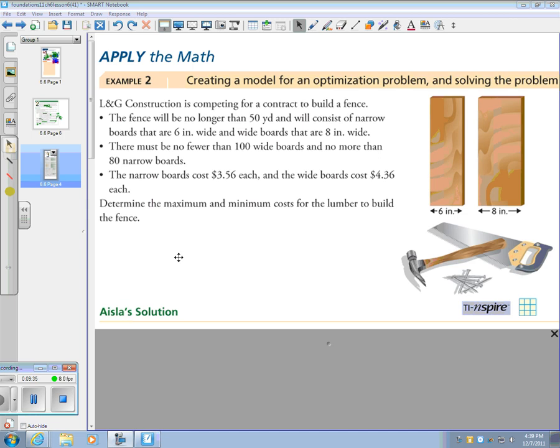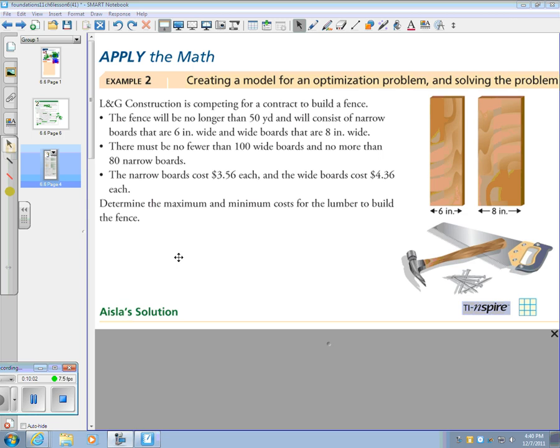The fence will be no longer than 50 yards and will consist of narrow boards that are 6 inches wide and wide boards that are 8 inches wide. There must be no fewer than 100 wide boards and no more than 80 narrow boards. The narrow boards cost $356. The wide boards cost $436. Determine the maximum and minimum costs for the lumber to build the fence.